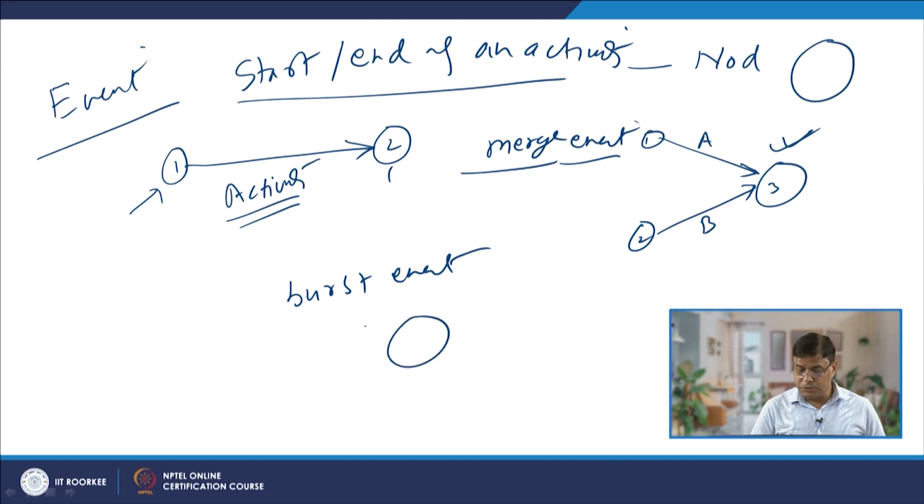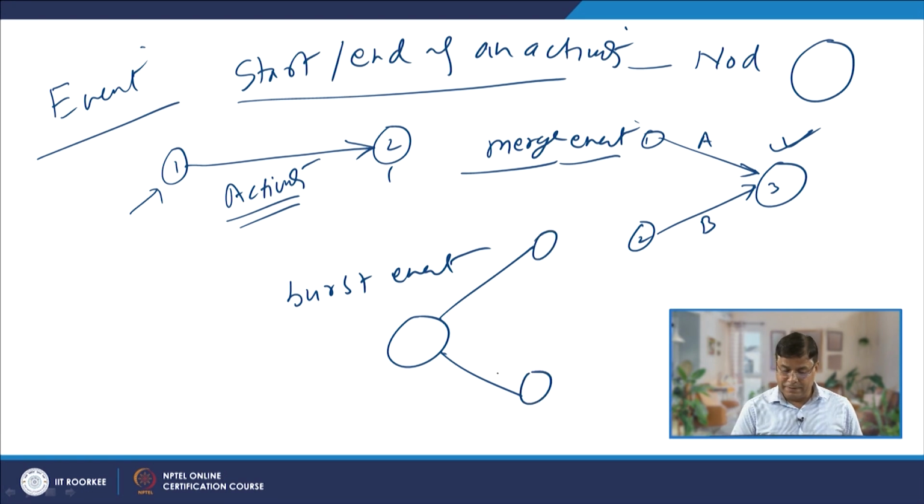And then we have the burst event. The burst event shows that two or more activities have the same starting point. So, here 1, 2, 3, with activities A and B, this is how we represent the burst event.